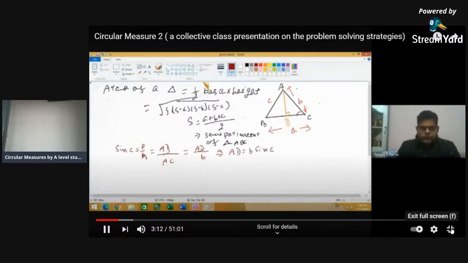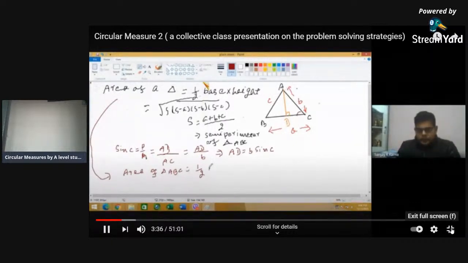Alright. Therefore, from this part, if you would like to say the area of triangle ABC in this case, you know that this is half times base. The base in this case is BC. It has CD for angle C, but in the whole entire triangle the base is BC.